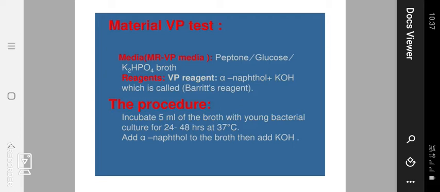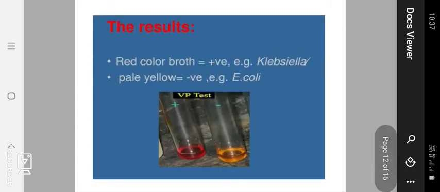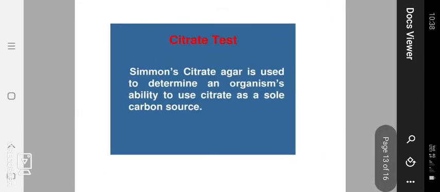Then add alpha naphthol to the broth, then add KOH, potassium hydroxide. The result: red color broth is positive, Klebsiella; pale yellow is E. coli, which is negative.